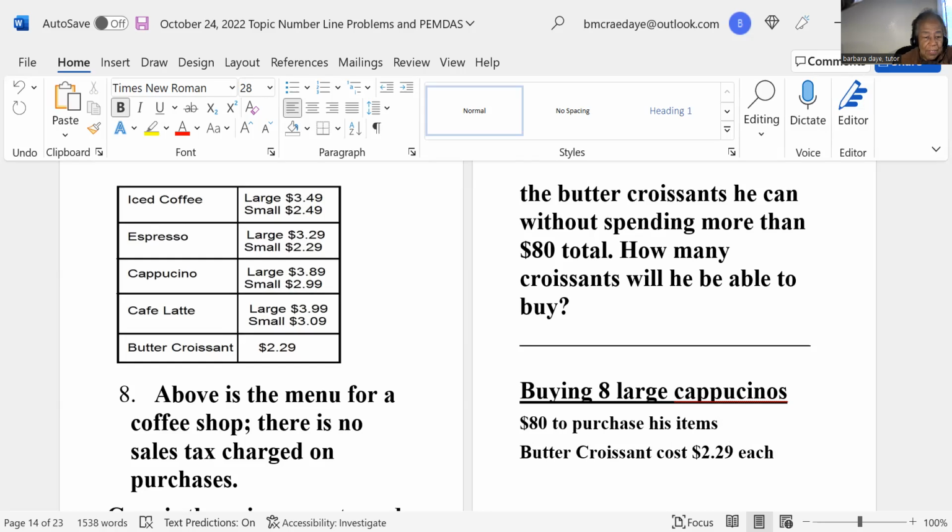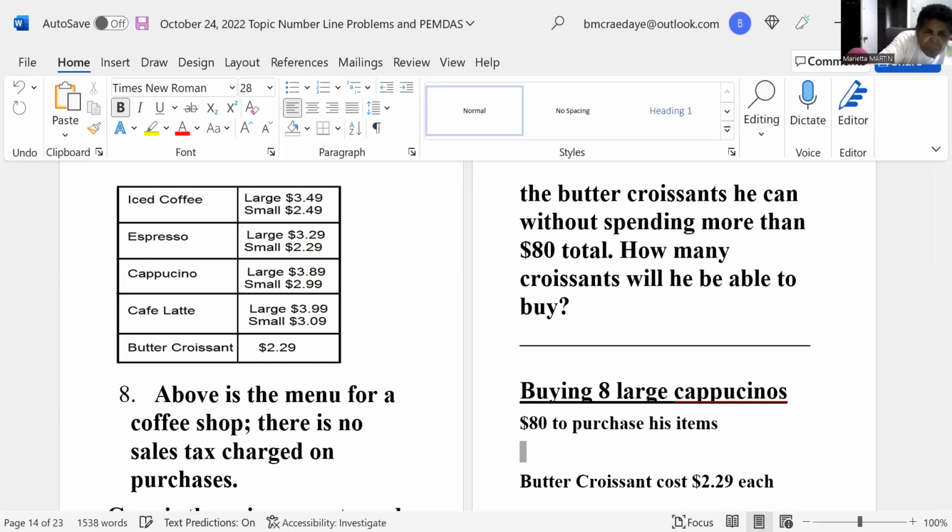So you've got everything you need to solve it. Now, how many croissants can he buy? What does a large cappuccino cost? We need to know that cost, right? What's the cost of a large cappuccino? $3.89, right. We got that from the chart.